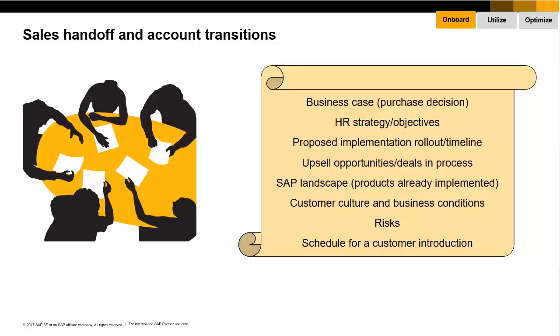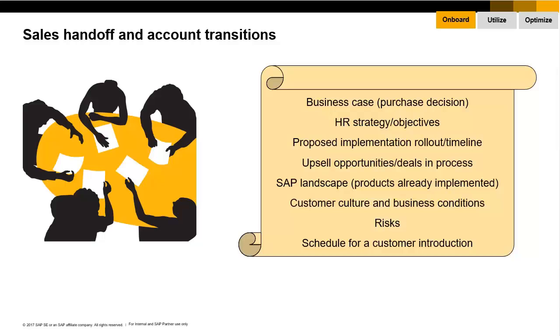Take some time to get on the same page so that you can continue that conversation with the customer. The SAP landscape: what are some other SAP products that have already been implemented or purchased? Customer culture and business conditions, risks, and any existing schedules for customer introductions or important meetings with customer stakeholders.